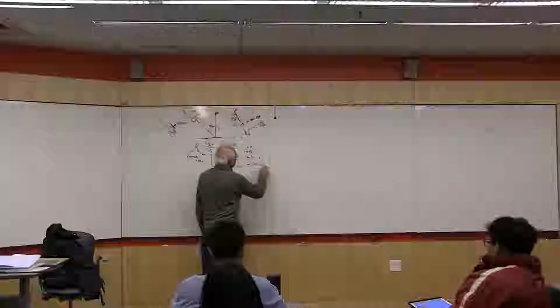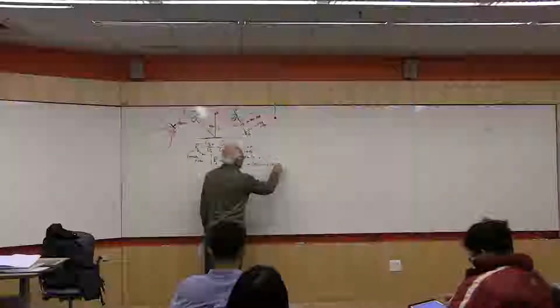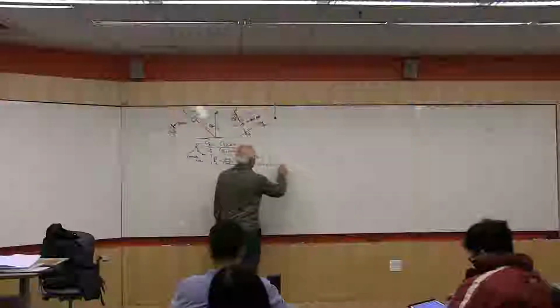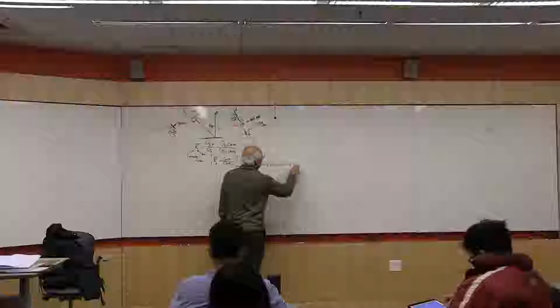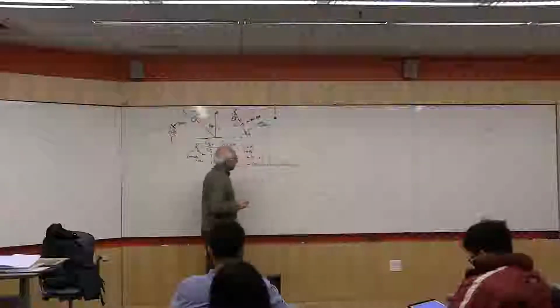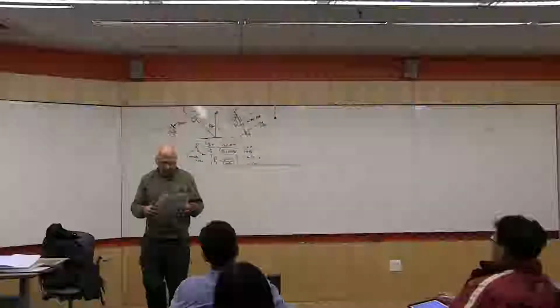Cosine delta, cosine phi, cosine omega, plus sine delta, sine phi. So normally we have both, and therefore we can calculate the RB.